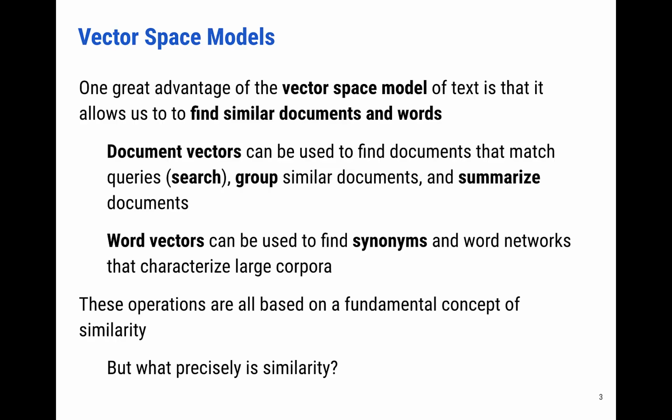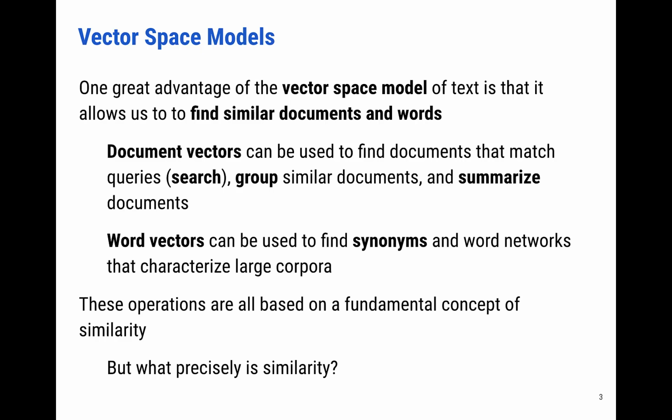So remember that one of the great advantages of the vector space model is that it allows us to find similar documents and words based on these pairs. And so some of the key use cases here for this kind of operation where we're looking for similarity among documents is that we can do things like standard query matching, which is searching to find documents that match a search.